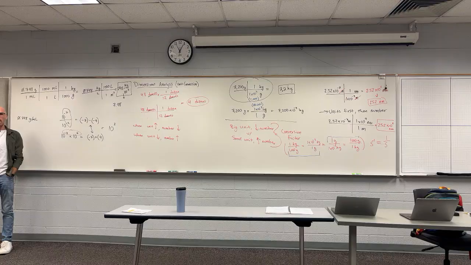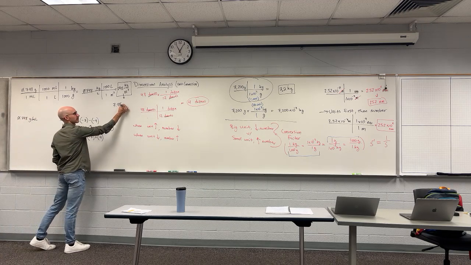And now the question is, is it times 10 to the negative 2, because I moved it 2 spots, or is it times 10 to the second? And I think I gave you guys the wrong idea last class. So let's talk about it again.